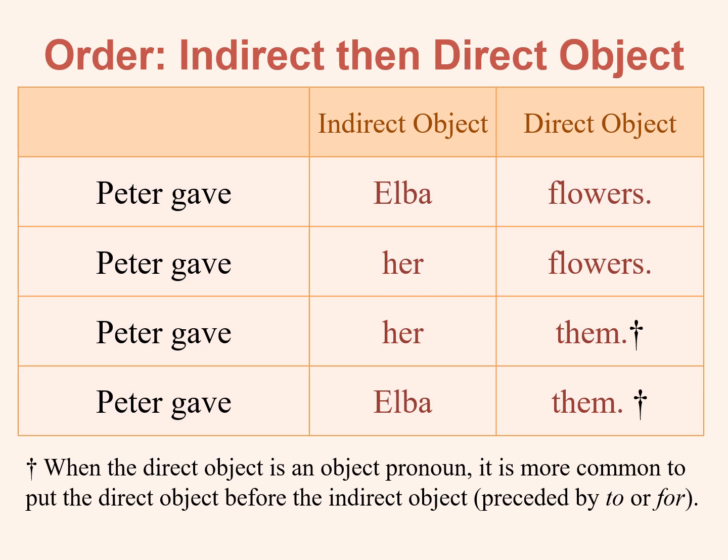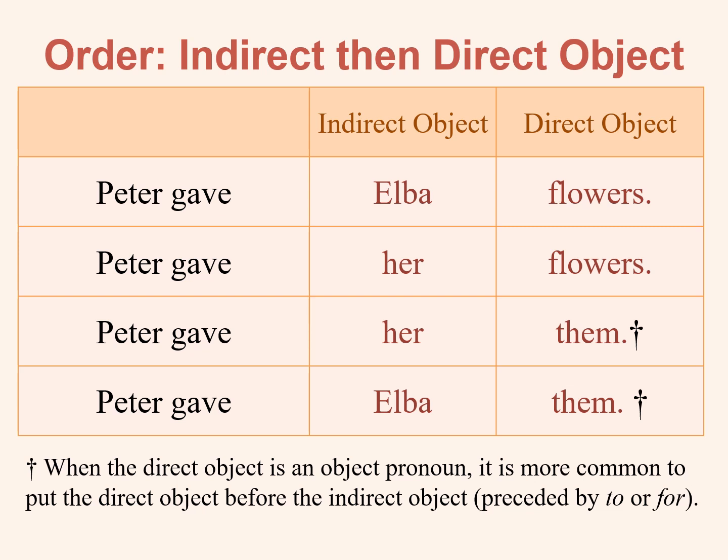Again, if you put the indirect object after the direct object, you have to precede it with a preposition, to or in some cases for. So although it is possible to say Peter gave her them, it would be more common to say Peter gave them to her. This is true even when the indirect object is not a pronoun but the name of a person or persons.